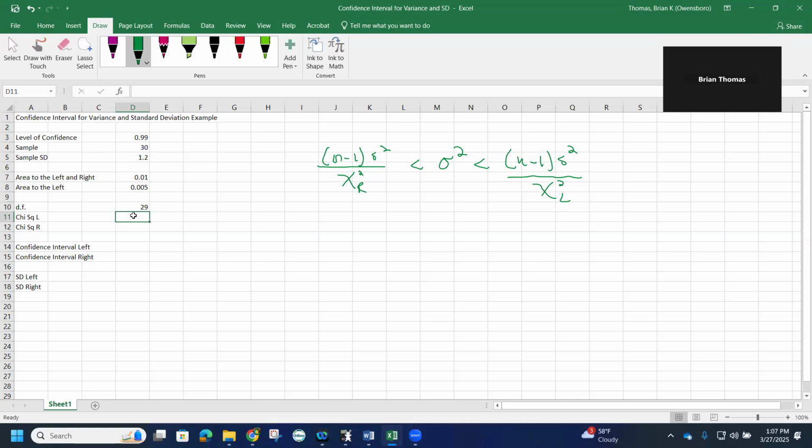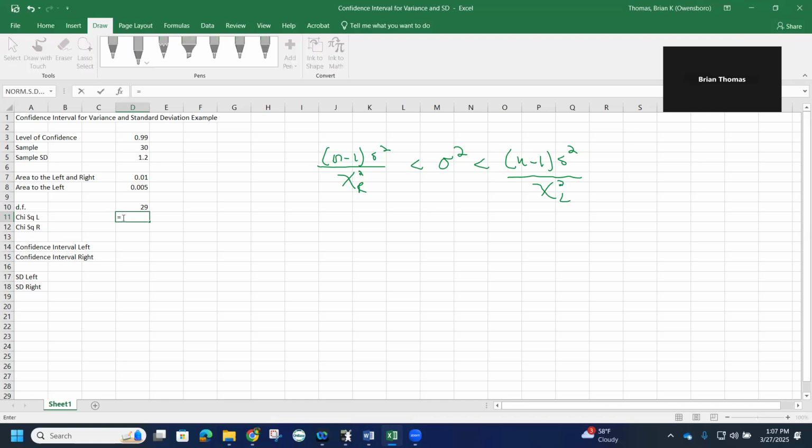Now, chi-squared L, remember that's that sample critical value, I should say. To find this critical value chi-squared L, and again, I'm just going to use this notation here, chi-squared L, there is a formula inside of Excel.